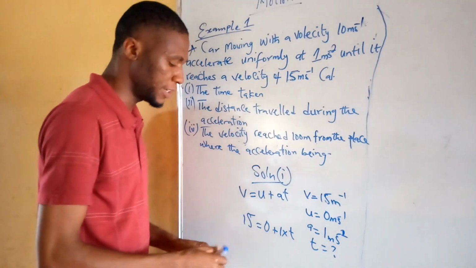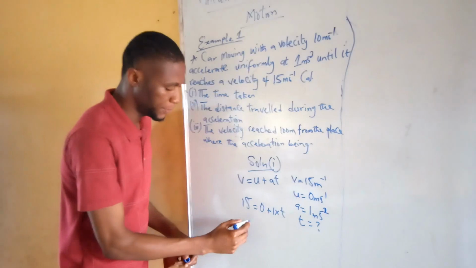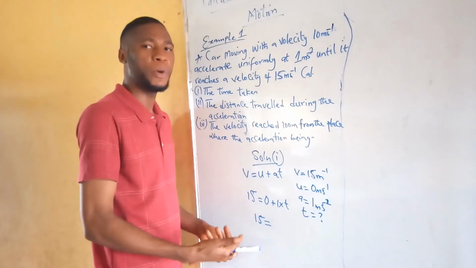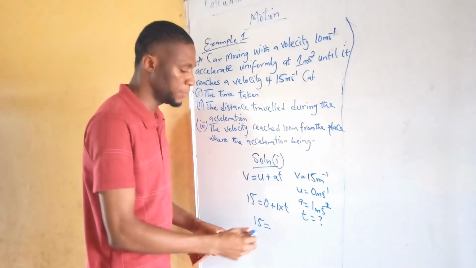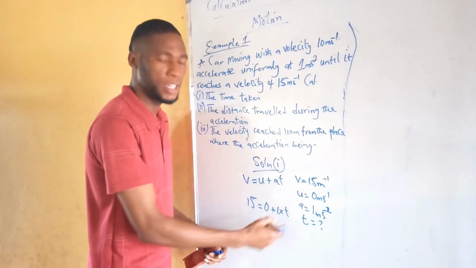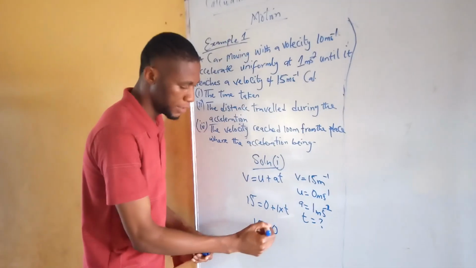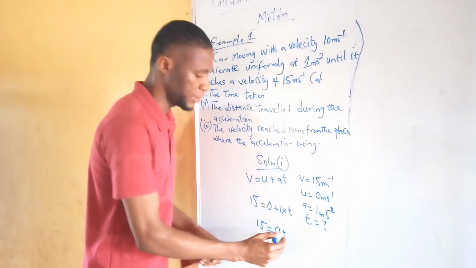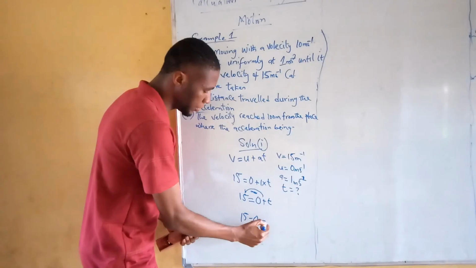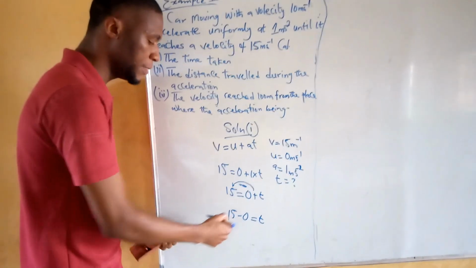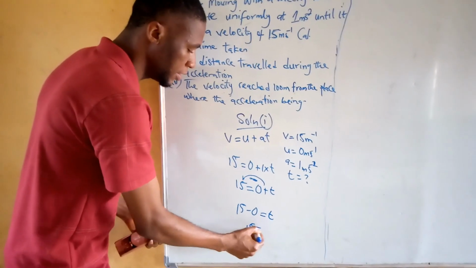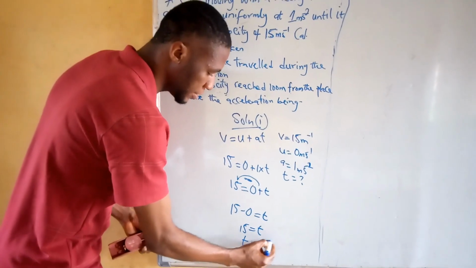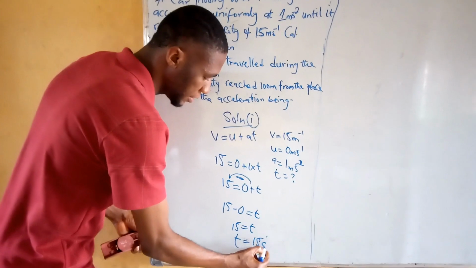Using BODMAS, that means multiplication first. So 0 plus 1 times t will still give us t. So 15 minus 0 is still 15, so t, the time taken, is equal to 15 seconds.